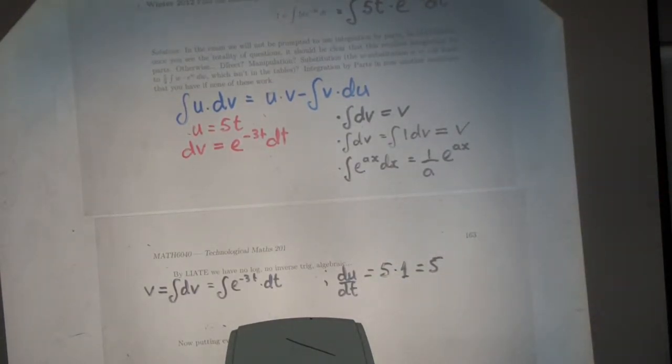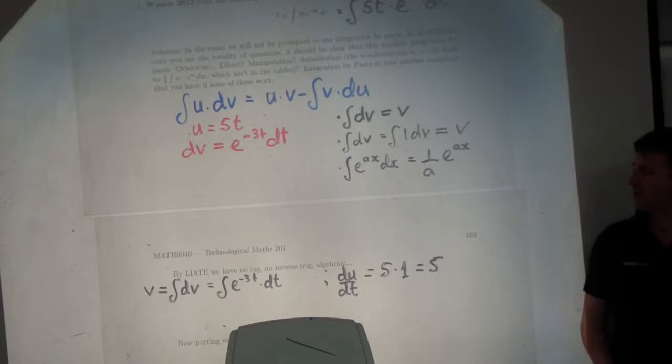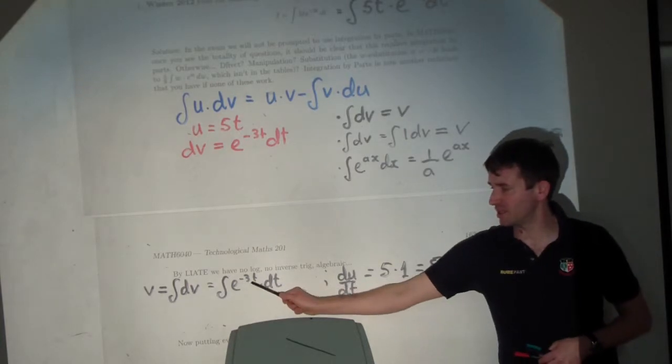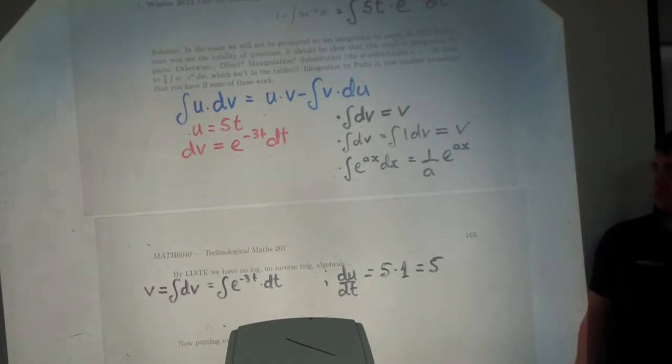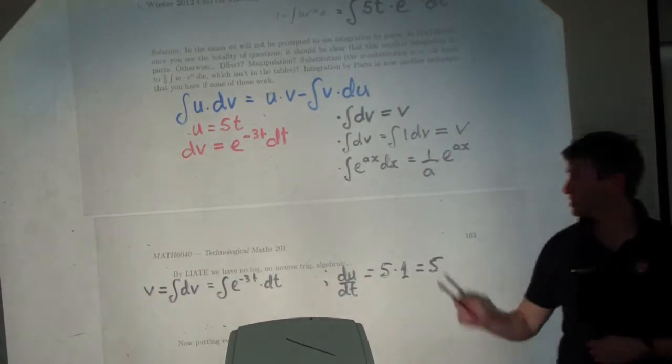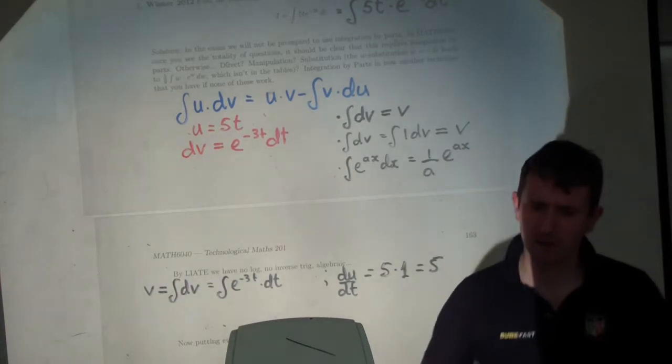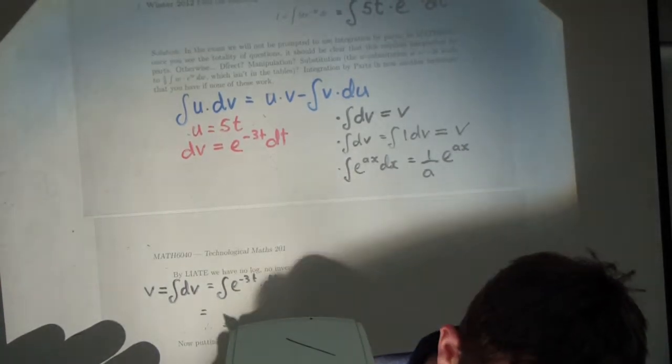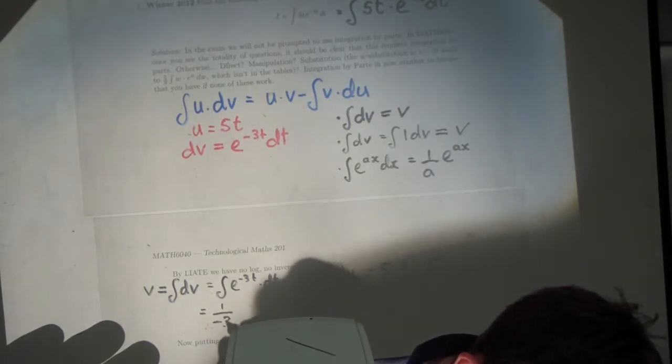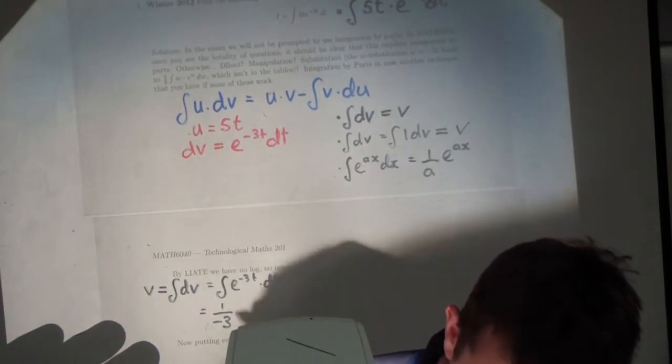Now the role of x is being played by t. What is a here? It's minus 3. So it's like e to the minus 3x dx, except it's t, and the a is the minus 3. So it'll be 1 over minus 3 times e to the ax, e to the minus 3t.